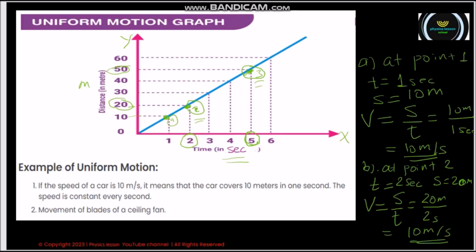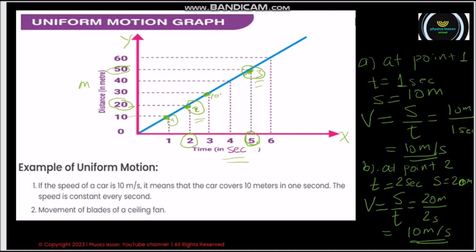At each point, point 1, point 2, point 3, we have equal speed or velocity. Such kind of motion we call uniform motion. You can even calculate at this point its distance over time: 30 over 3, 10 meters per second.